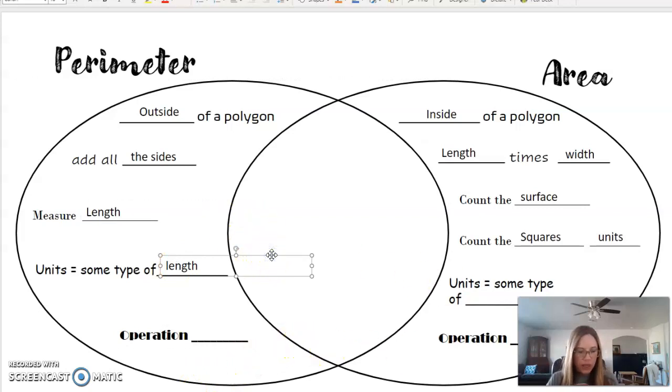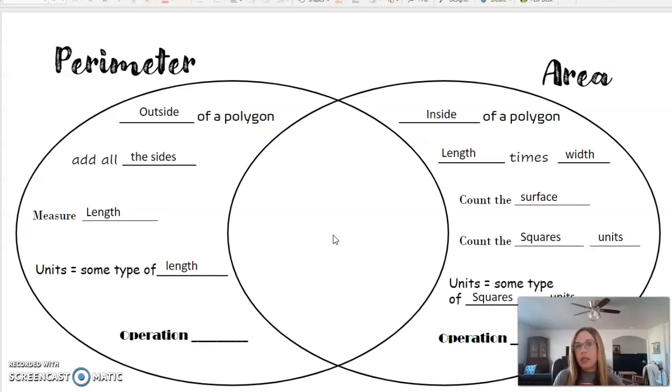But for area, we use something different. Remember how I said it's like counting the squares that cover a surface? So if we were looking for the area of something, we would say the area is 27 square units.